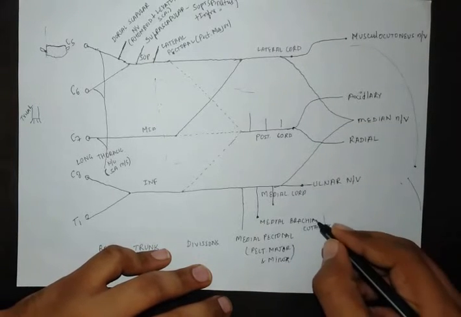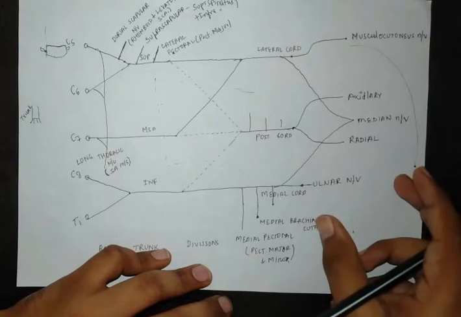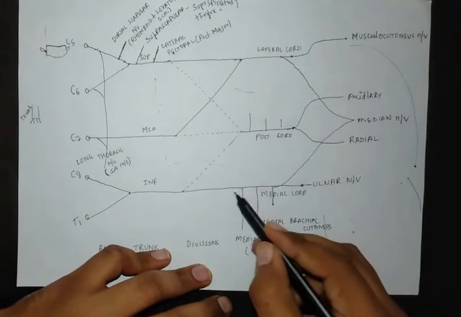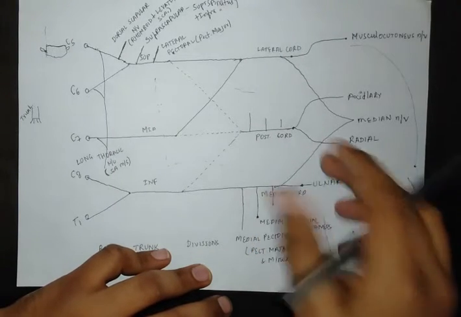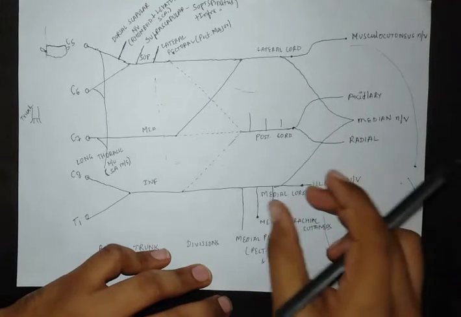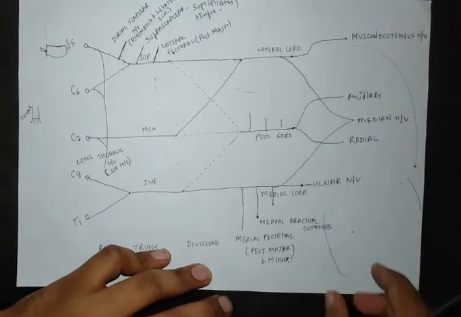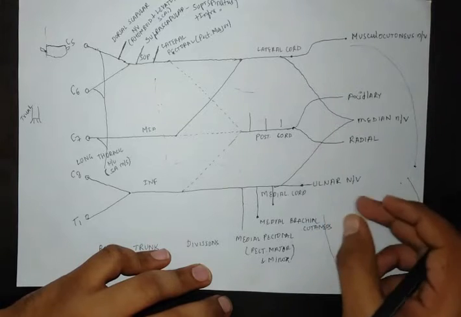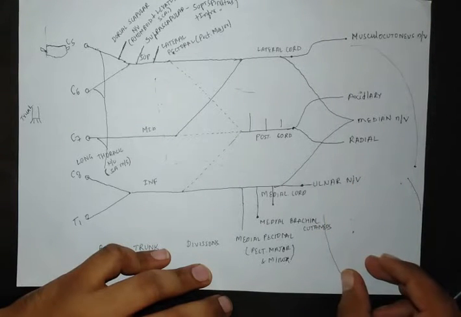Now medial brachial cutaneous supplies the medial part of your arm. Since it's from the medial cord, it will obviously supply the medial side of your arm. So first it supplies the medial side of your arm.